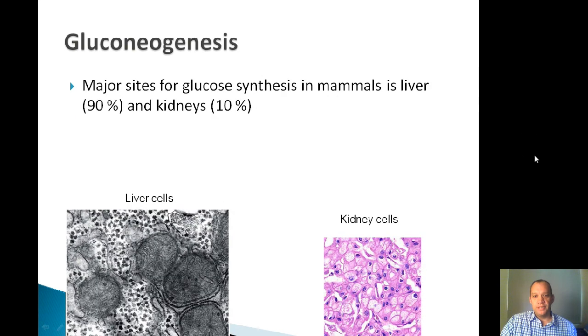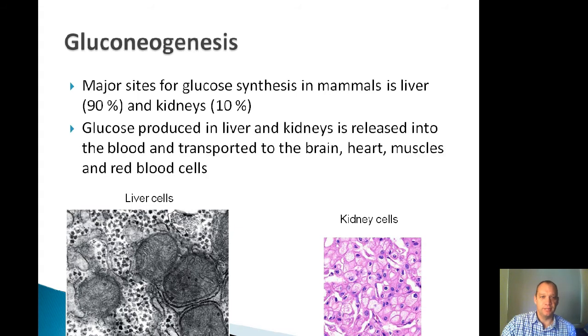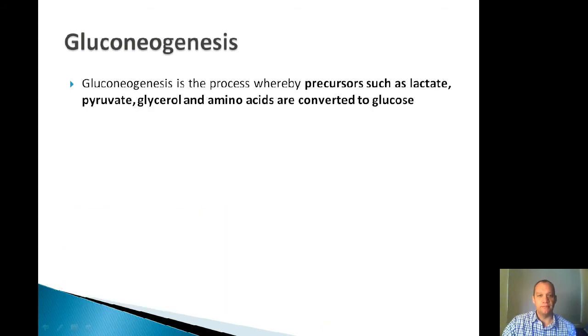The major site where gluconeogenesis takes place is in the liver cells, which account for about 90% of gluconeogenesis, and about 10% takes place in kidney cells. The glucose produced in liver and kidneys is then released into the blood and transported to the brain, the heart muscles, and red blood cells where it might be required.